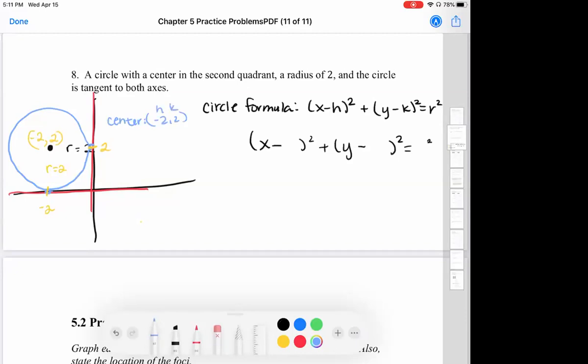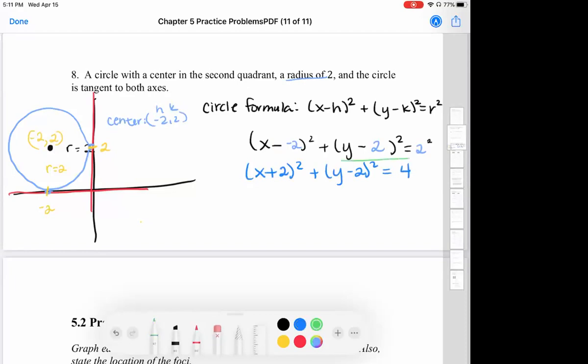My h goes with my x, which is -2, and my k goes with my y, which is +2. And then my r is 2, a radius of 2, so I have 2 squared. I have to rewrite this with a plus because it has a minus and a minus. So my answer is x plus 2 squared plus y minus 2 squared is equal to 4.